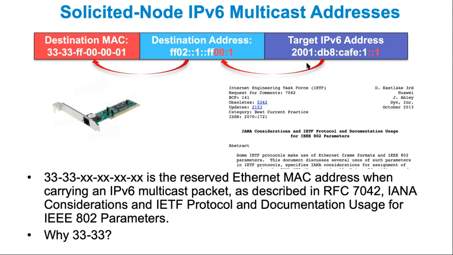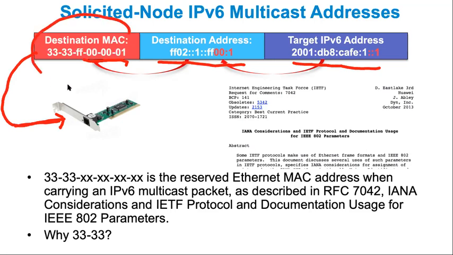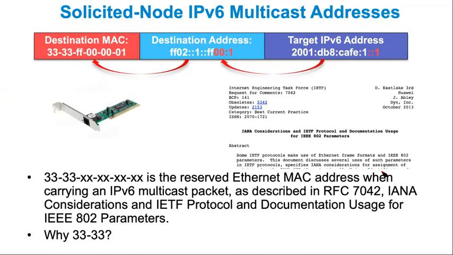This device is looking for this IPv6 address. That address gets mapped to a solicited node multicast, which then gets mapped to a destination MAC address. So then every NIC that receives this Ethernet frame can decide by looking at the destination MAC address, is this relevant to me? Does this last 24 bits, is that something I need to normally process? We'll see an example in just a moment.